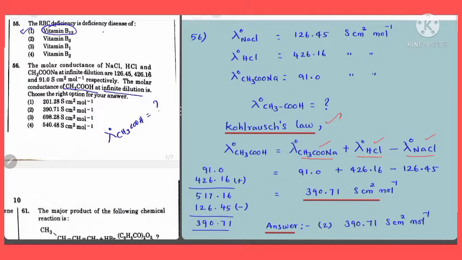That is the molar conductivity of acetic acid at infinite dilution. So option 2 is the right answer. I think you can follow the formula and the calculation. Now we can go for the next question.